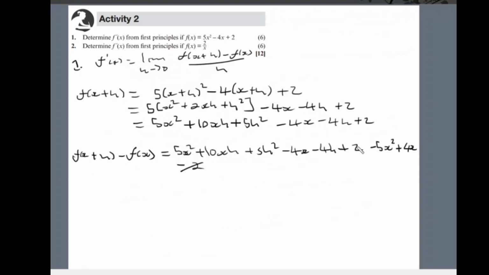So this minus 2 and that 2 will cancel. This 4x and that minus 4x will cancel. This minus 5x squared and that 5x squared will cancel. And then I will be left with 10xh plus 5h squared minus 4h, right? So this will be my numerator.